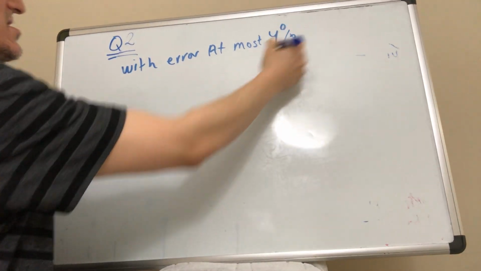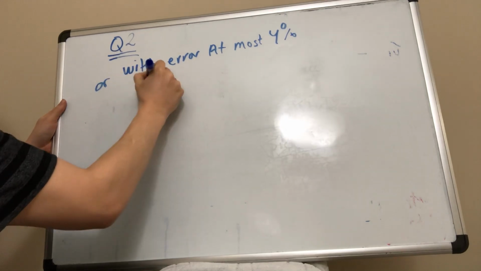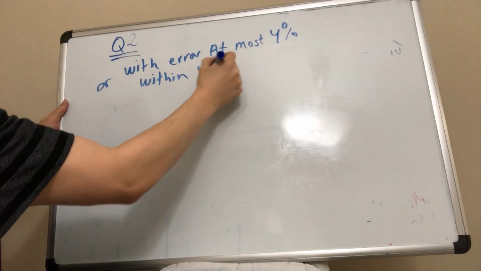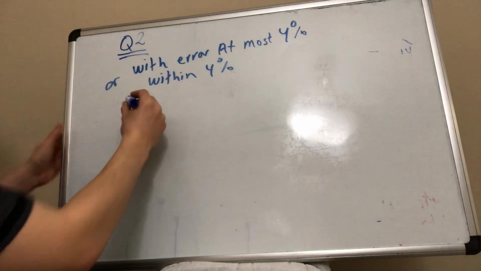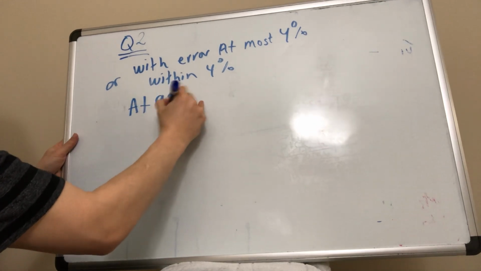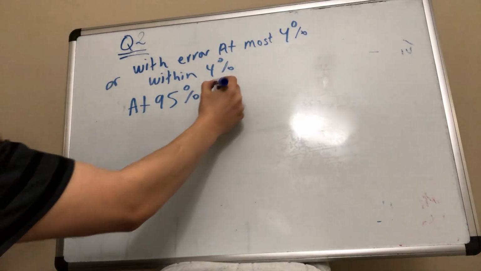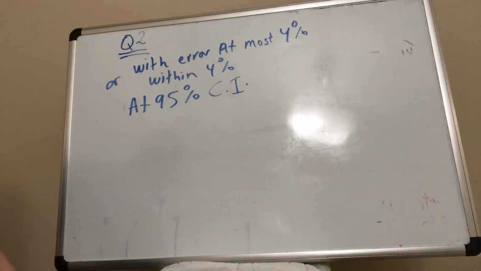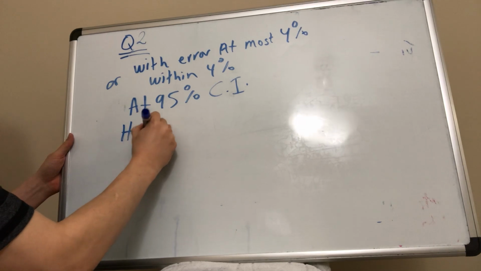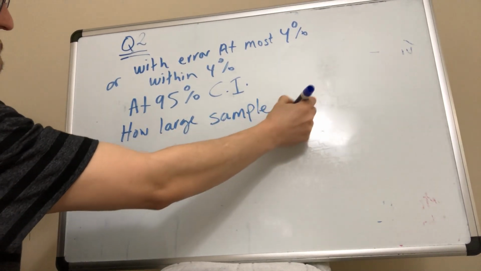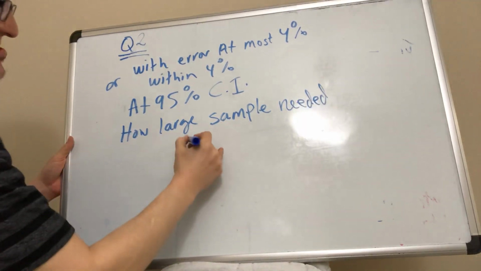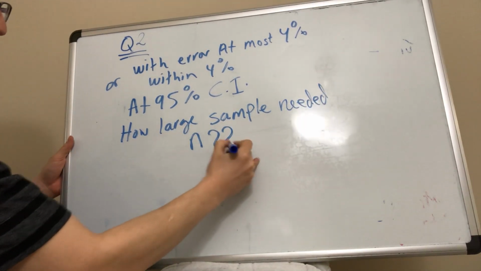Sometimes they tell you within 4%, at 95% confidence interval. And the question is, how large a sample is needed? So the question is asking for n.